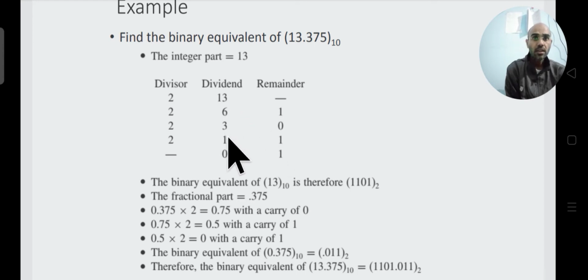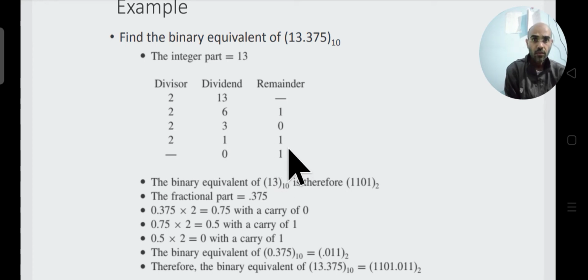Furthermore, now we cannot divide this 1 by our base 2, because this quotient 1 is now less than our divisor. So we stop dividing and we note down this particular quotient, whichever is left at the last.